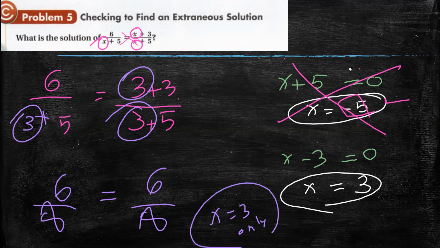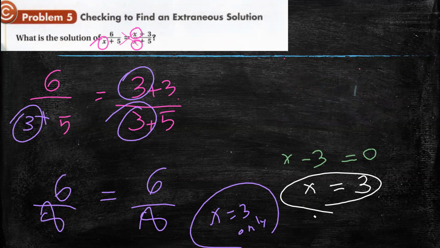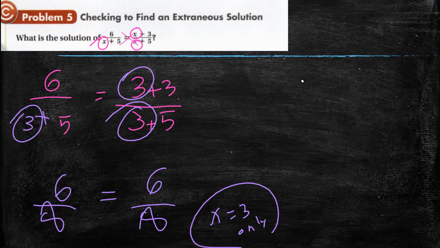is the solution. So in the exam, as an example, if I give you this equation and I give you the answers like this: negative 5, 3, negative 5 and 3, or negative 3. And you have now 4 choices.